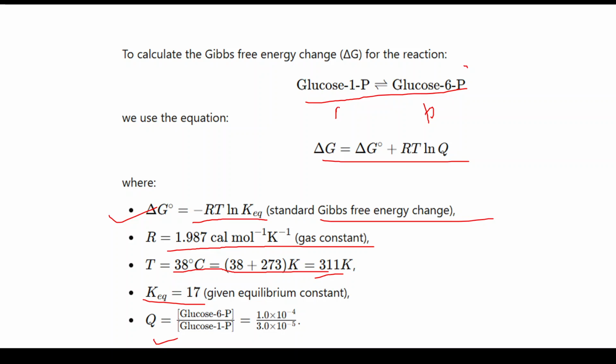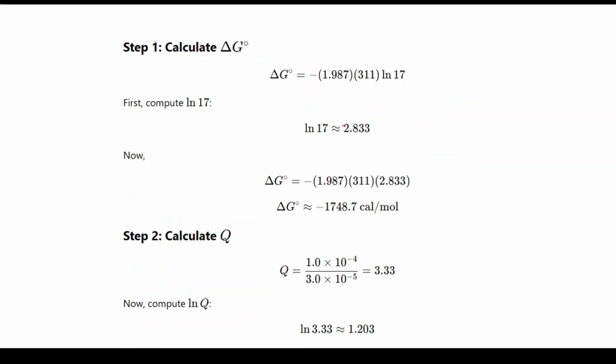This is how we calculate Q. After this, we need to follow different steps to calculate the delta G. So delta G naught is minus 1.987 into 311 into ln 17. ln 17 is 2.833, which you can calculate using a calculator. So delta G naught, what we got, is minus 1748.7 calories per mole.